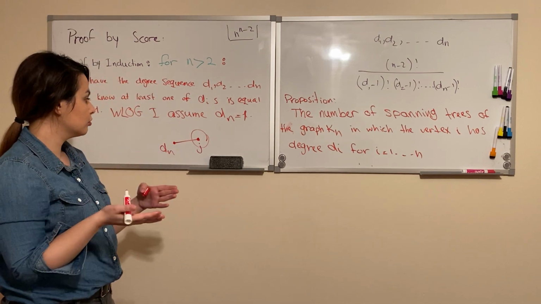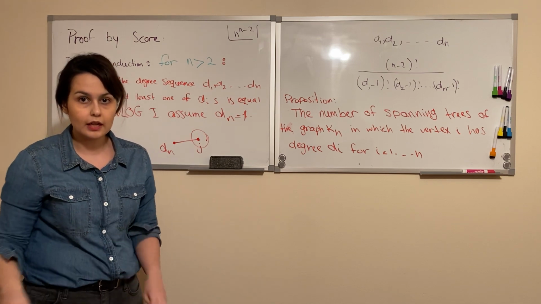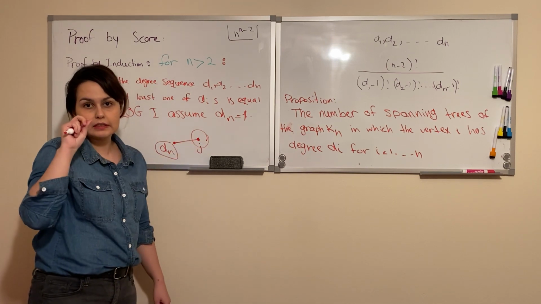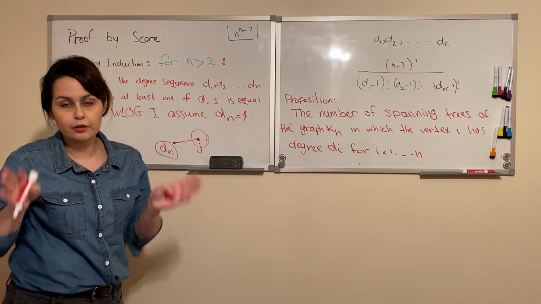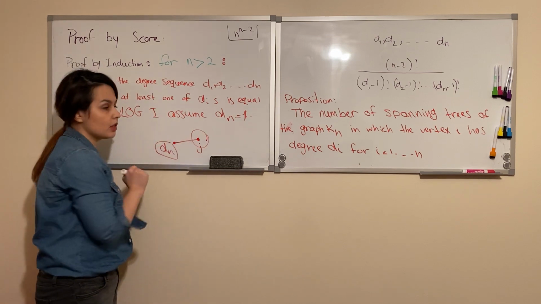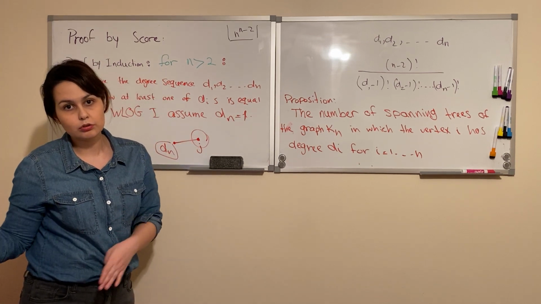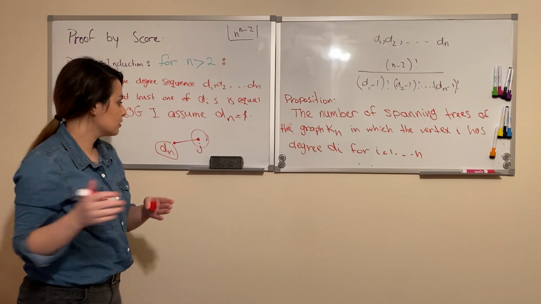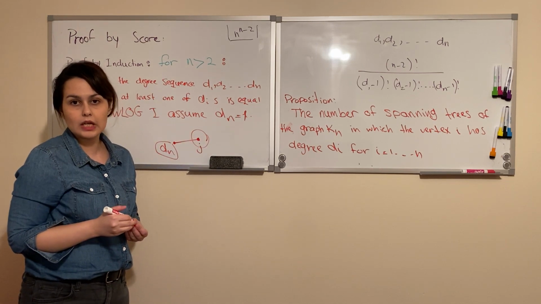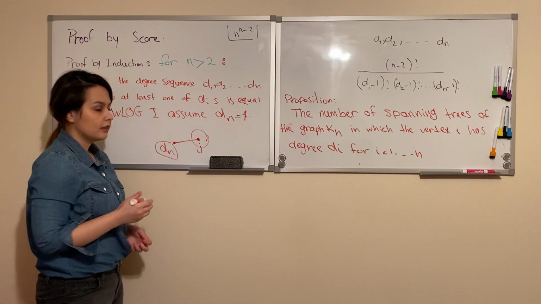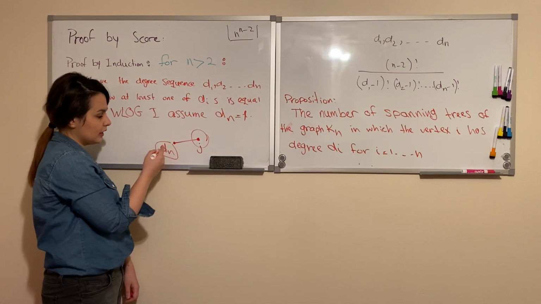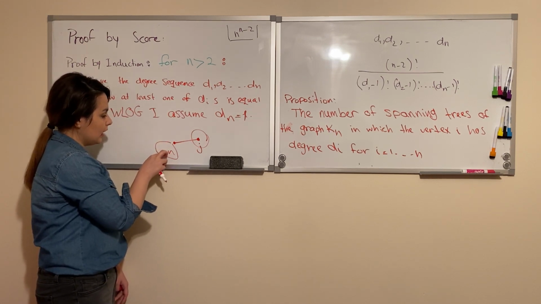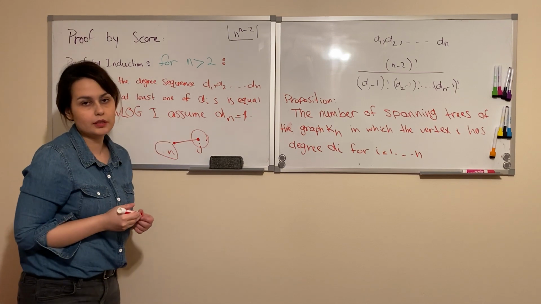And I want to define a family Tj as a family of trees such that vertex n is connected to vertex j. So T1 is the family where n is connected to vertex 1. Family T2 is the ones where n is connected to vertex 2. And so on until vertex n minus 1. Sorry, I always talk about that as dn; dn means the degree of n. So vertex n is connected to n minus 1.